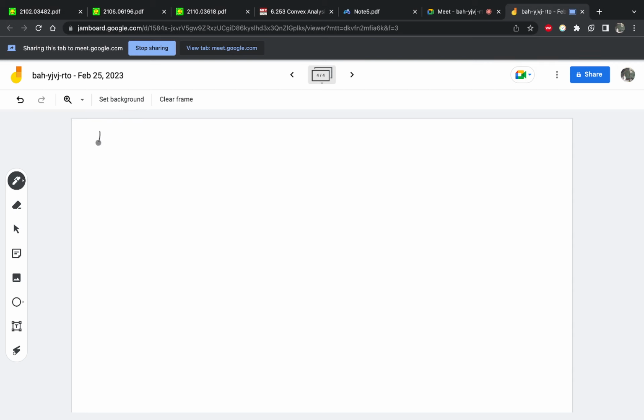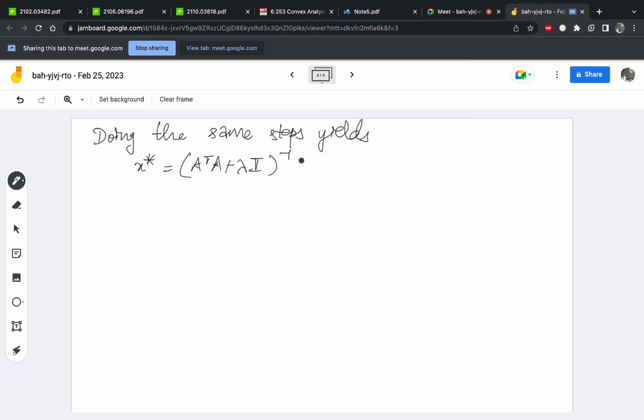Doing the same calculations, the same steps, yields my x star to be A transpose A plus lambda I, the whole thing inverse.